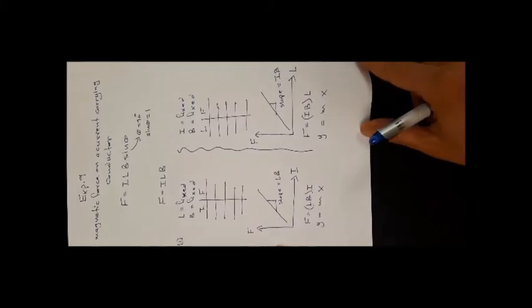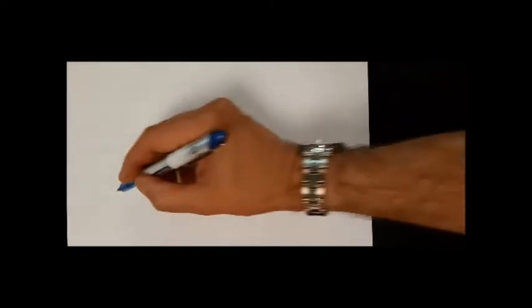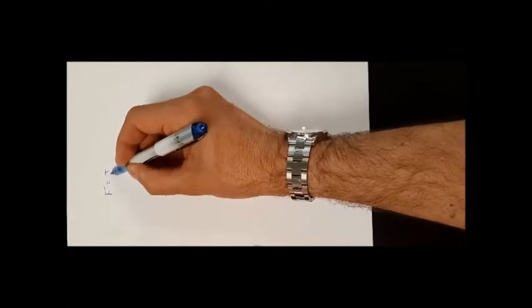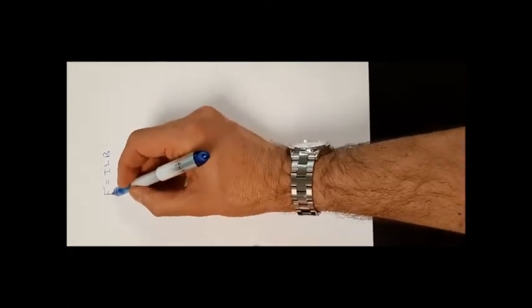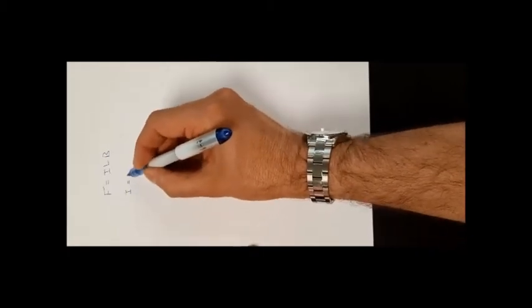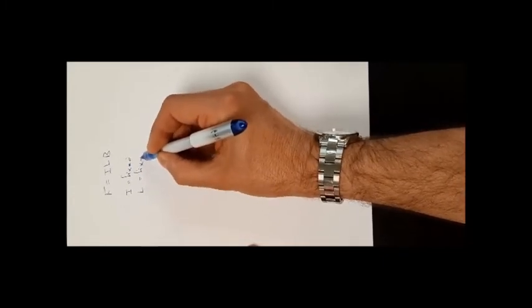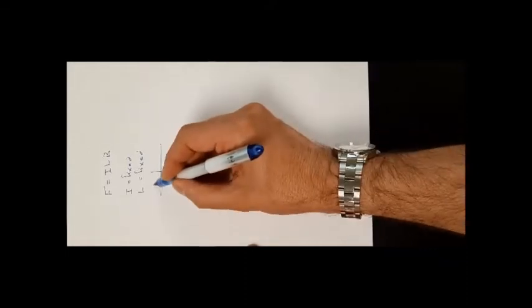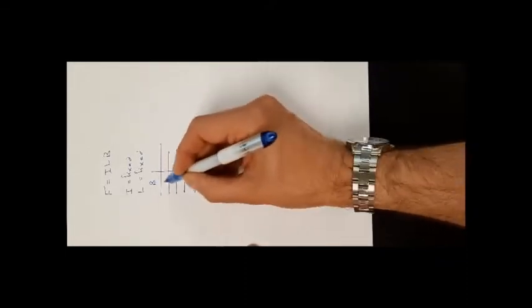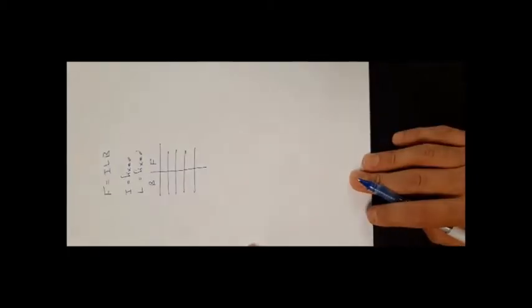Now the third part in this experiment, we will investigate the relation F equals ILB between the magnetic field and the force. So we'll use a fixed value of the current and a fixed value of the length, but we will use several values of the magnetic field. For each magnetic field, we will measure the force on the wire.